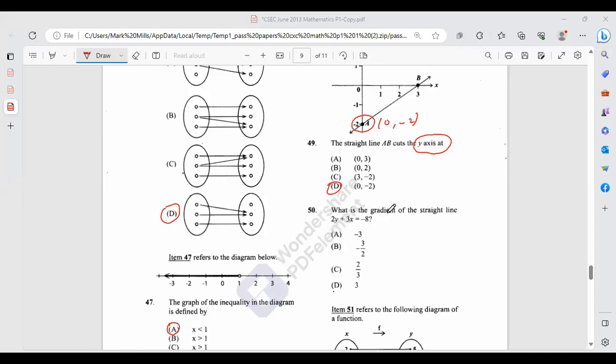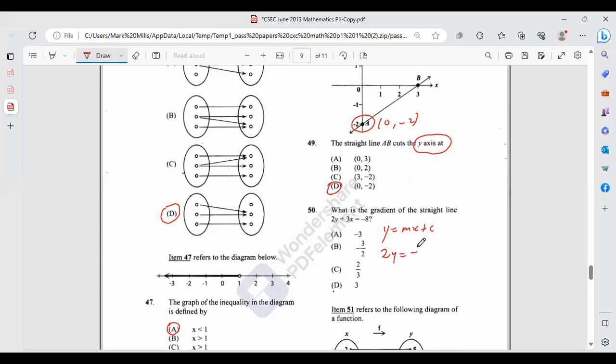(50) What is the gradient of the straight line 2y plus 3x minus 8 equals 0? So I need to find a gradient. How do I find a gradient? Sir, y equals mx plus c. So we rewrite it as y equals mx plus c. So I'll say 2y is equal to negative 3x minus 8. Then we want to make y the subject, so we divide everything by 2.